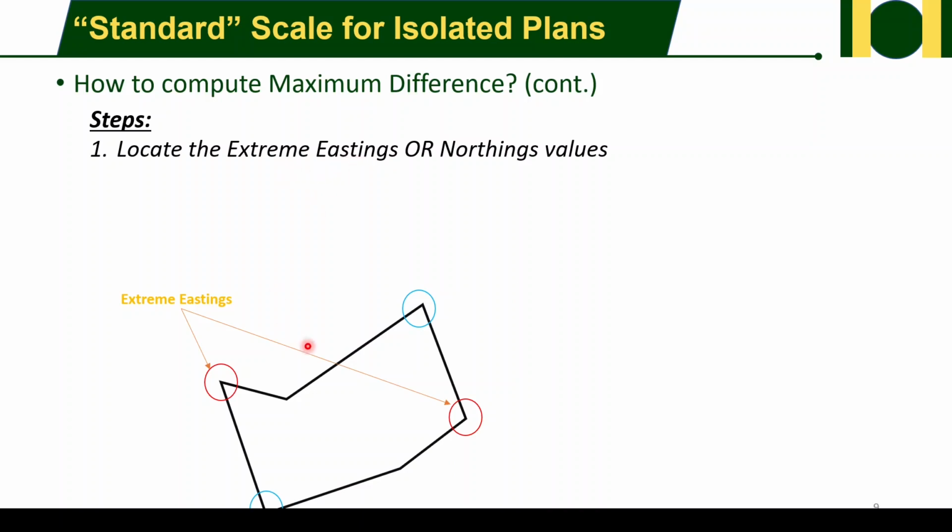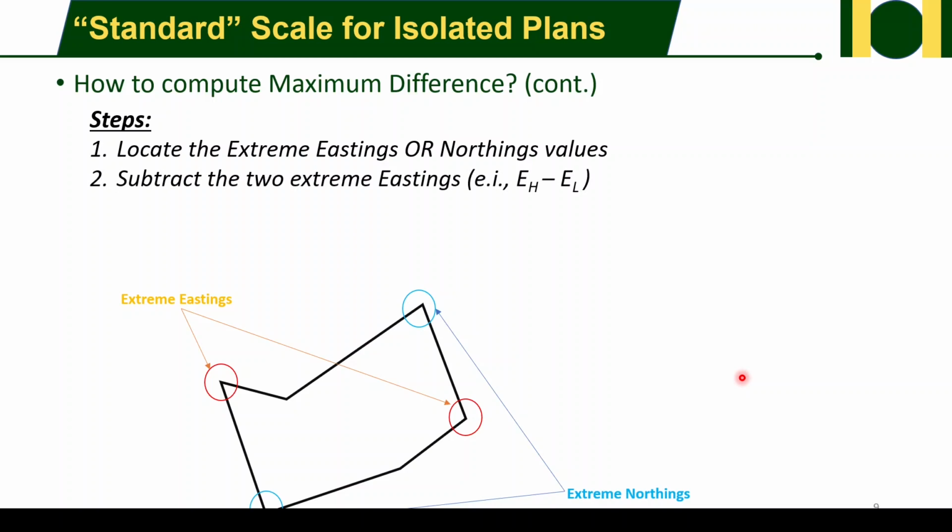Extreme eastings are the westmost and the eastmost corners. Next, you have to subtract the two extreme eastings, that is, the easting of this point minus the easting of this one.